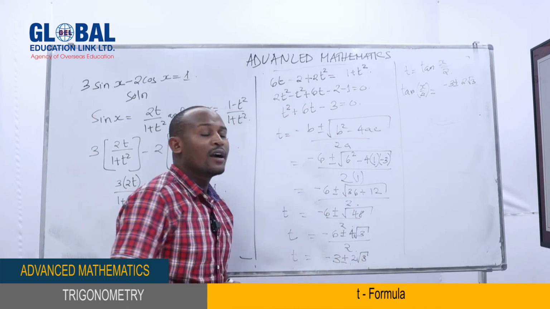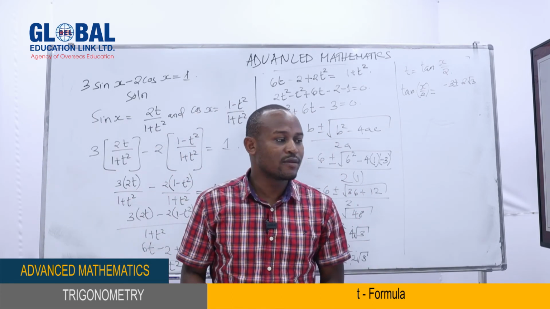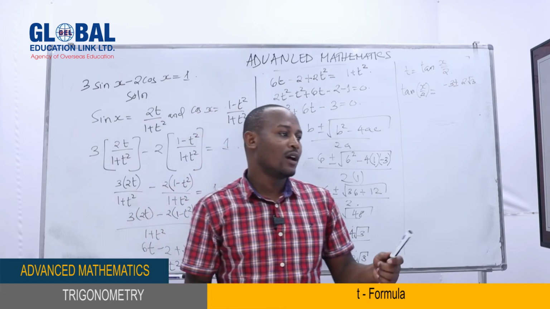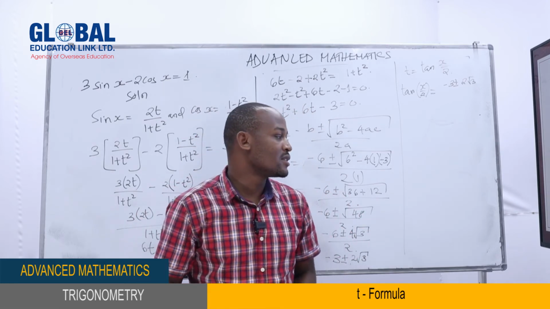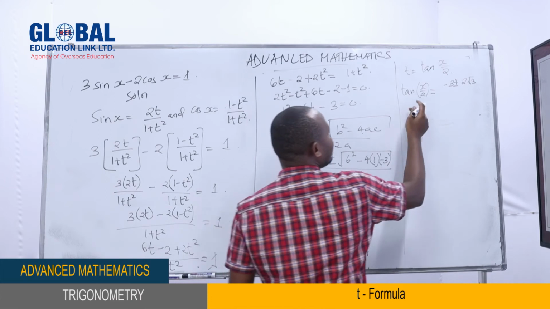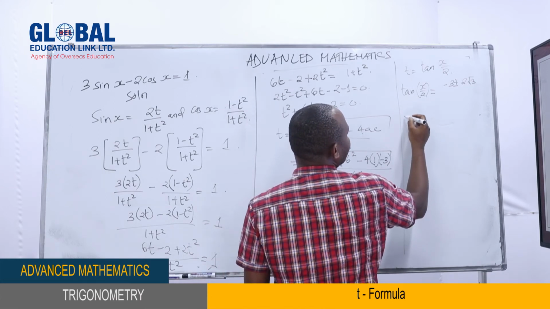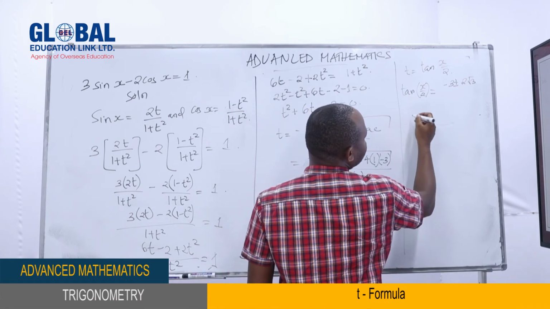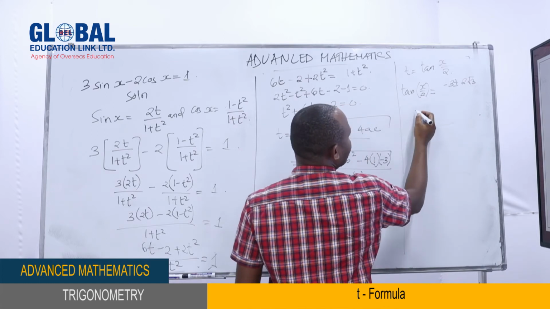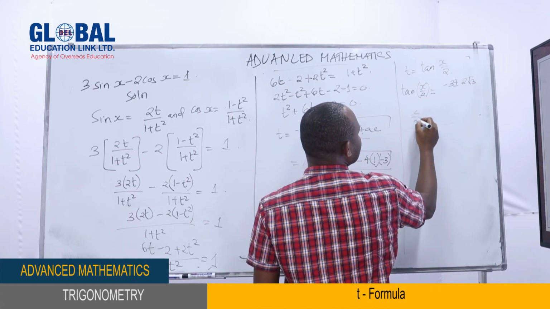And remember, once you are trying to solve this by the use of the inverses, we know that the general formula for the inverse of tan is equal to what? There we shall use x over 2.